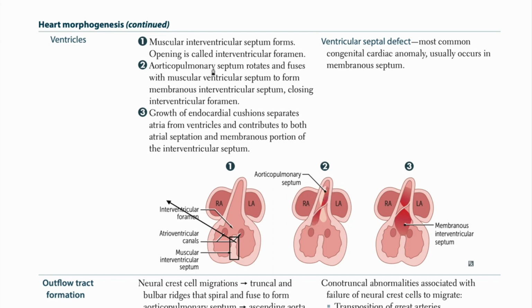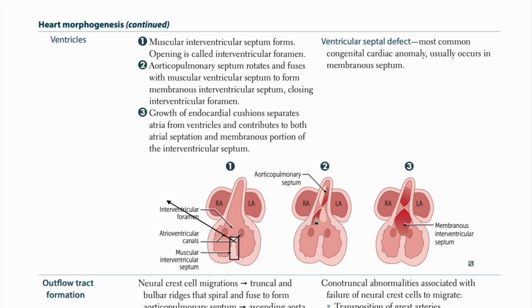Okay, so aorticopulmonary septum rotates and fuses with the muscular ventricular septum. So these are the muscular ventricular septum, right? This is the interventricular and this is the muscular ventricular septum. So this one attaches to this side and this end attaches to this side, to form membranous interventricular septum. Okay, so it does that and then it makes this as well.